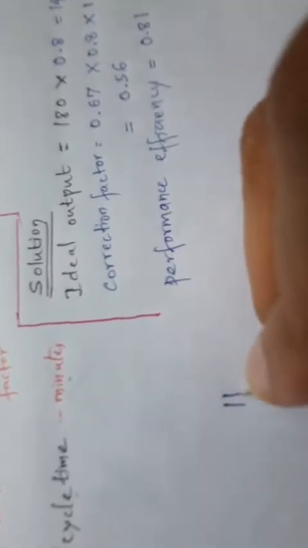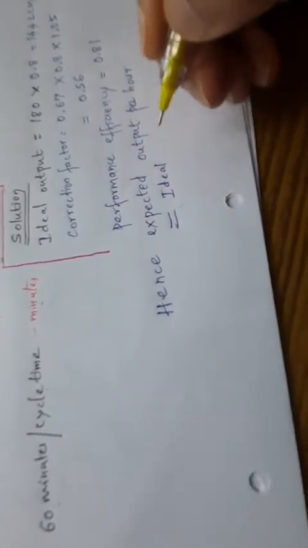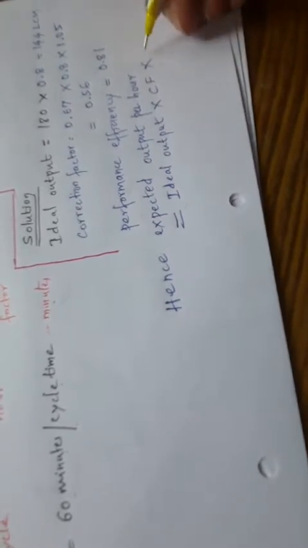Hence expected output per hour is equal to ideal output into correction factor into performance efficiency.